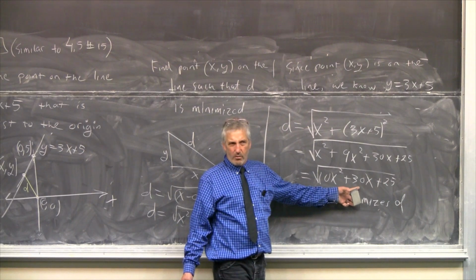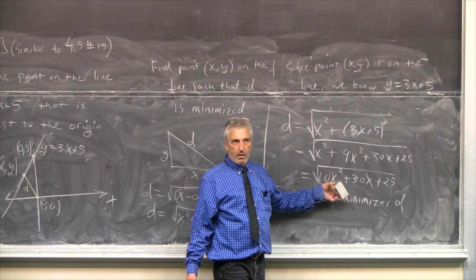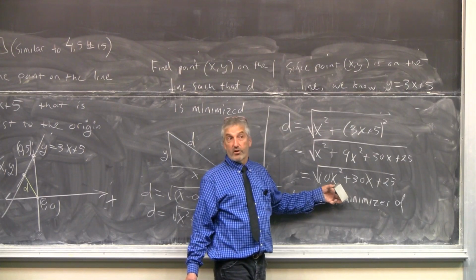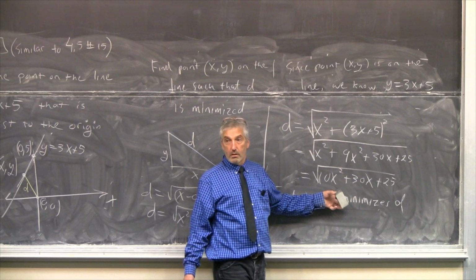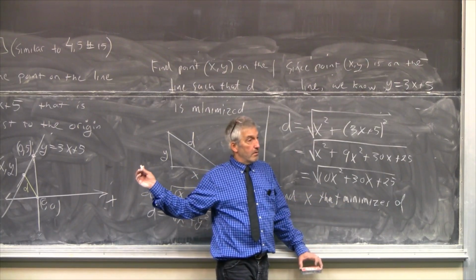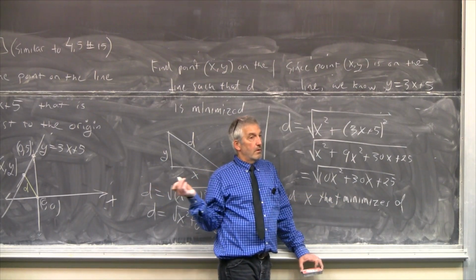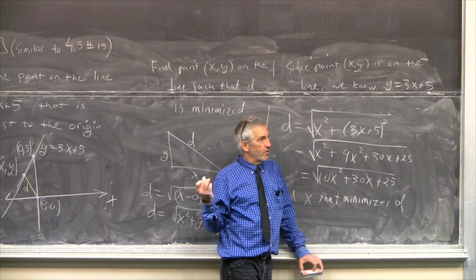That seems like a complicated question. So can we think about what if the thing inside would turn out to be 0? What would the distance turn out to be? 0. Will that ever happen? No. The distance will never turn out to be 0 because our line doesn't go through the origin.